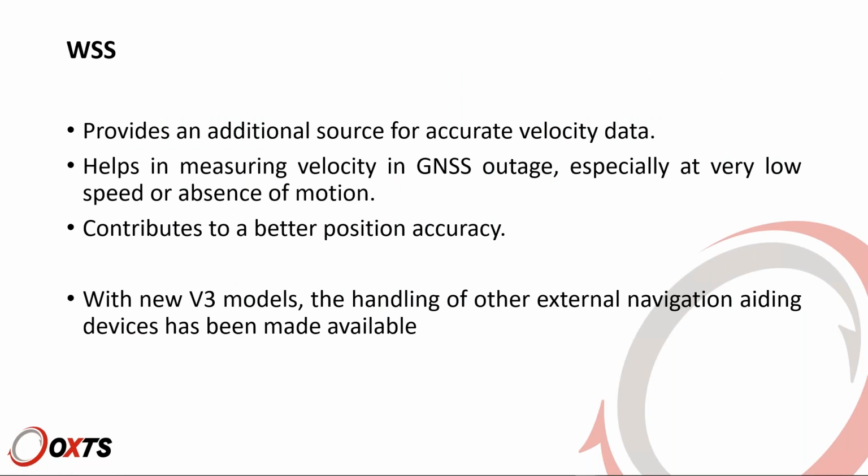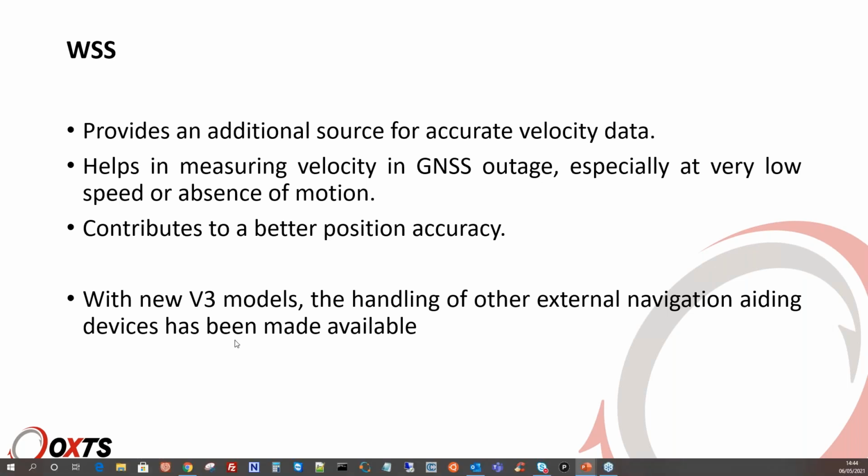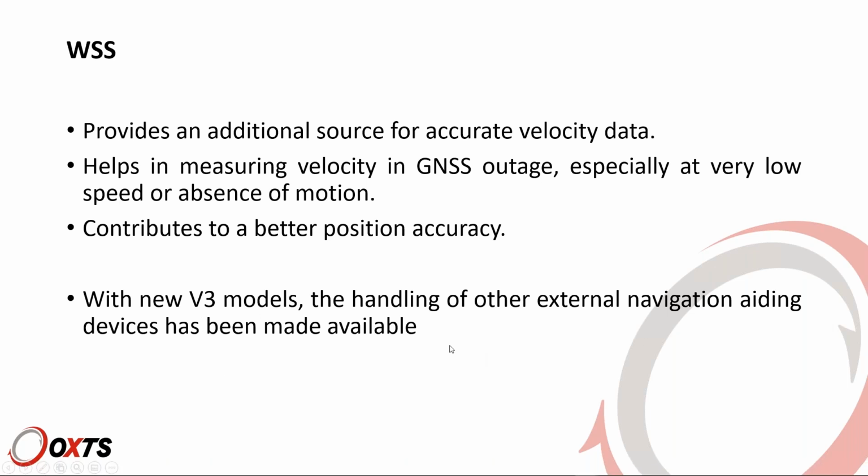The wheel speed sensor can provide an additional source for accurate velocity data. So when you are in GNSS outage and you cannot rely on GPS, the wheel speed sensor can help the IMU. You have a better speed velocity solution, and consequently you have a better position solution as well. And it's worth mentioning that with our new models, the V3 models, you can have quite a wide number of devices that you can use as external navigation aiding.